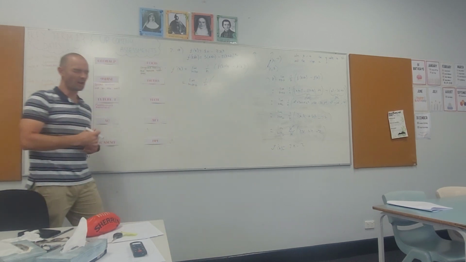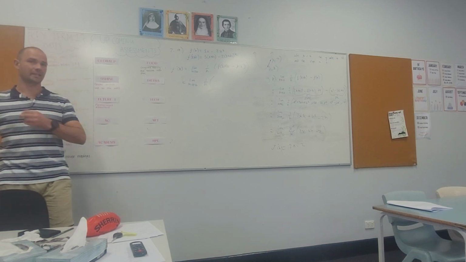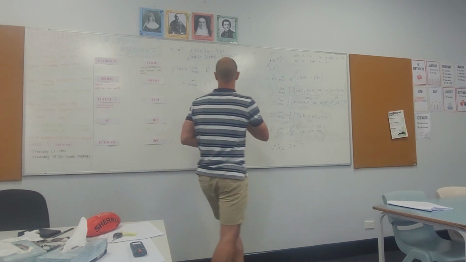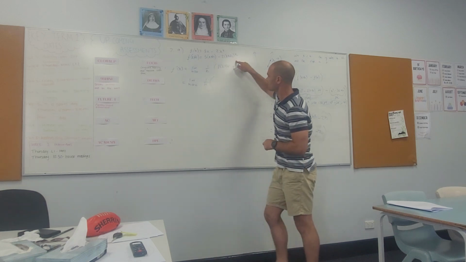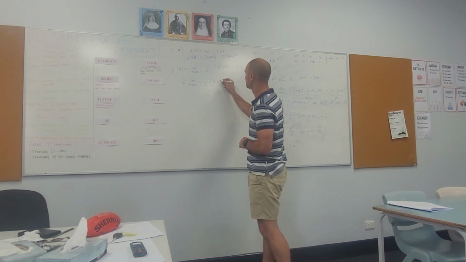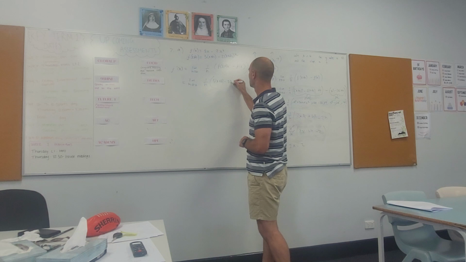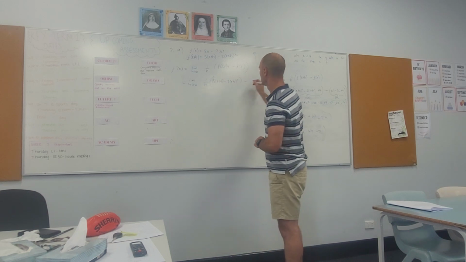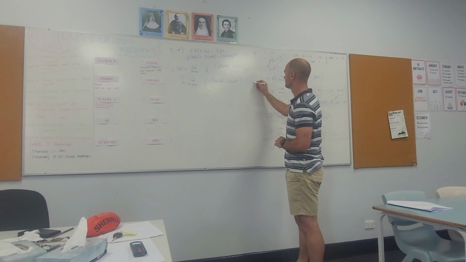Now I'm going to keep writing the formula. You don't need to write the formula. I'm going to keep writing it for the sake of pointing up here where we're substituting things. Okay, f of x plus h, take away f of x.